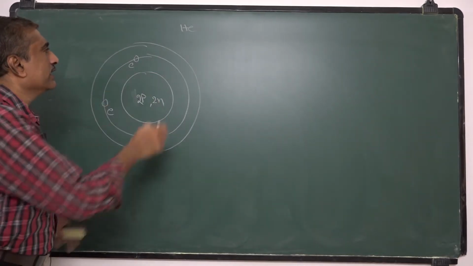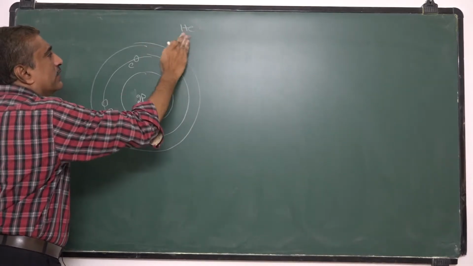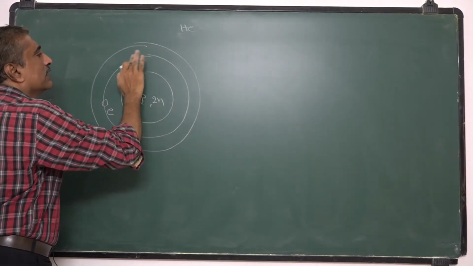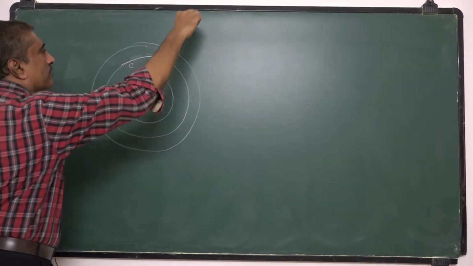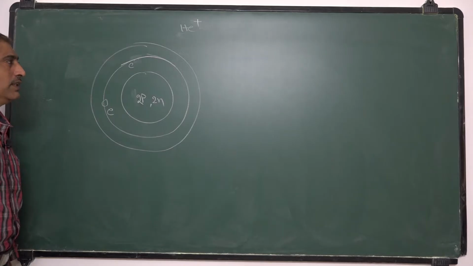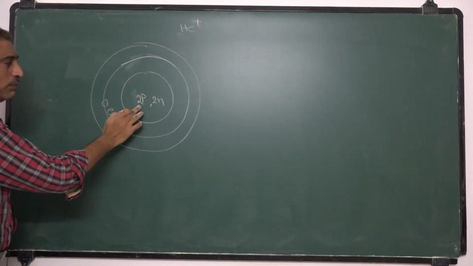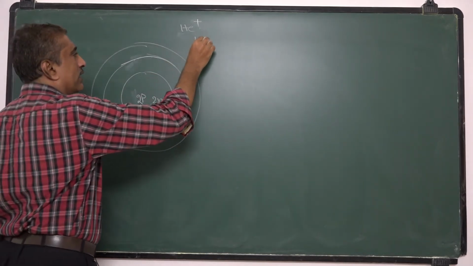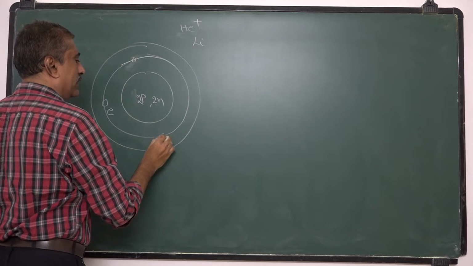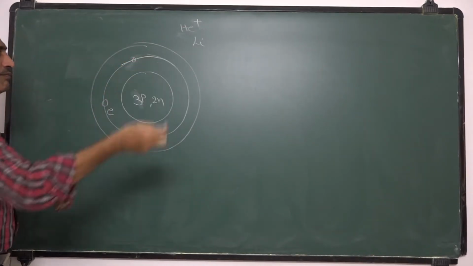Now if this helium atom, that is 2,4, is ionized, that means if one of the electrons is removed from this helium atom, then it becomes a helium plus 1 ion. That means in this case it consists of only one electron but two protons inside the nucleus. Suppose we consider lithium atom, which consists of 3 electrons and 3 protons.